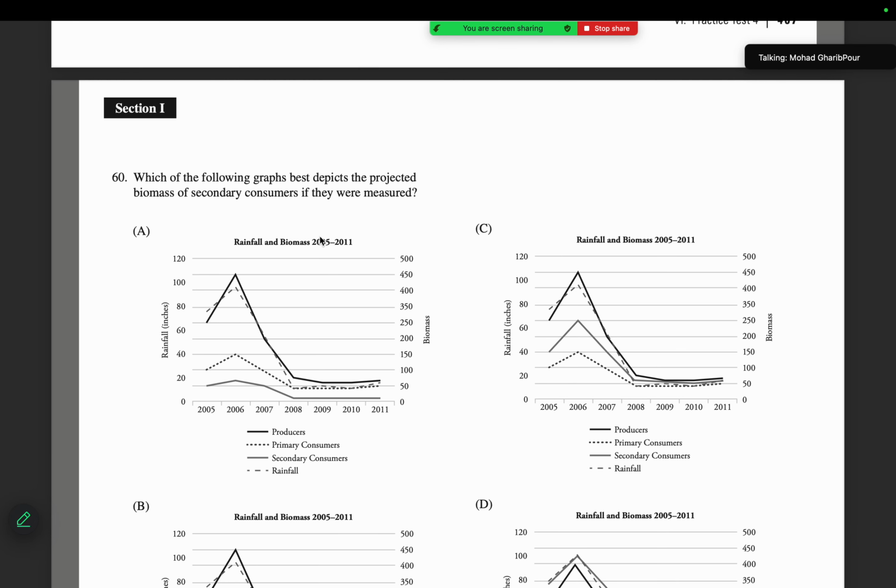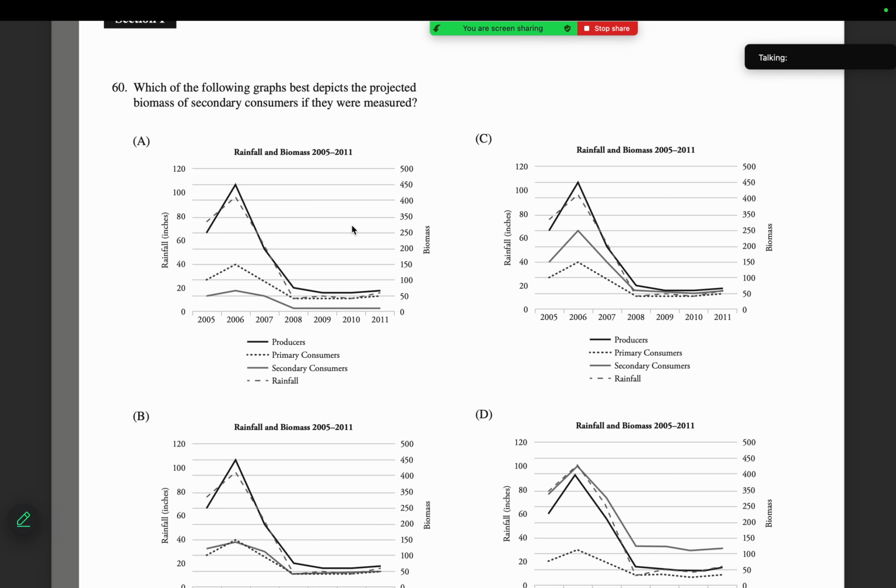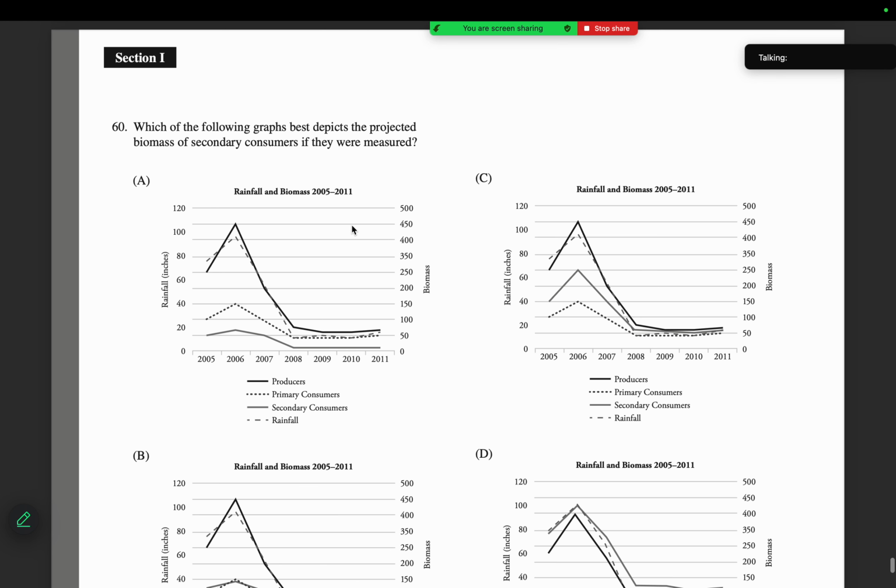Okay, and last question. Which of the following graphs best depicts the projected biomass of secondary consumers if they were measured? Okay, primary, secondary, they should all correlate with each other. And you know that biomass decreases as you go up trophic levels.